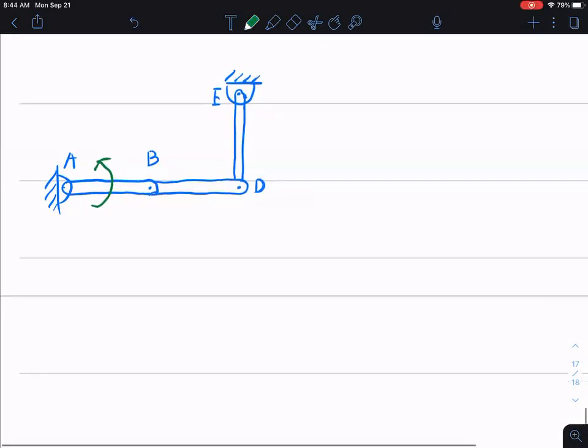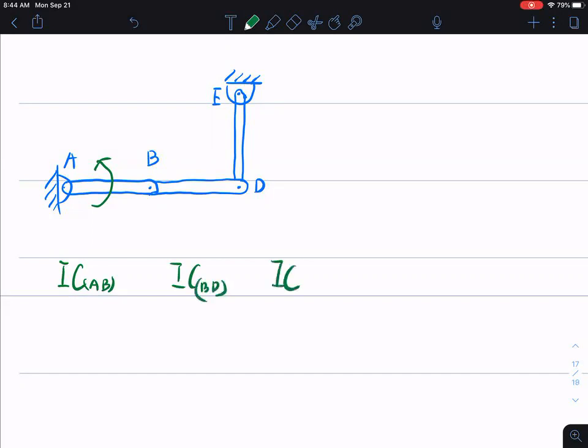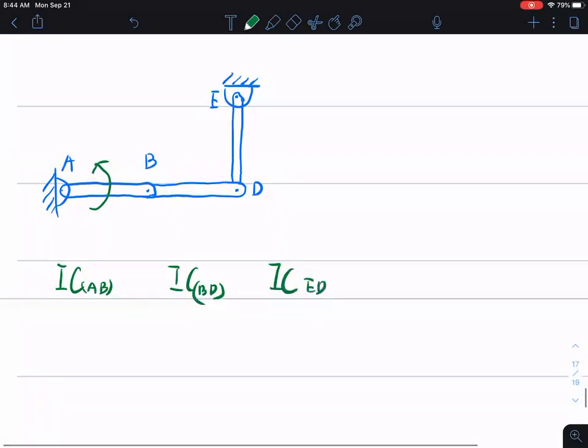all right, for your practice, you're going to use the rest of the 6 minutes to find the location of the instant center for AB, IC for BD, and IC for ED. It's your practice.